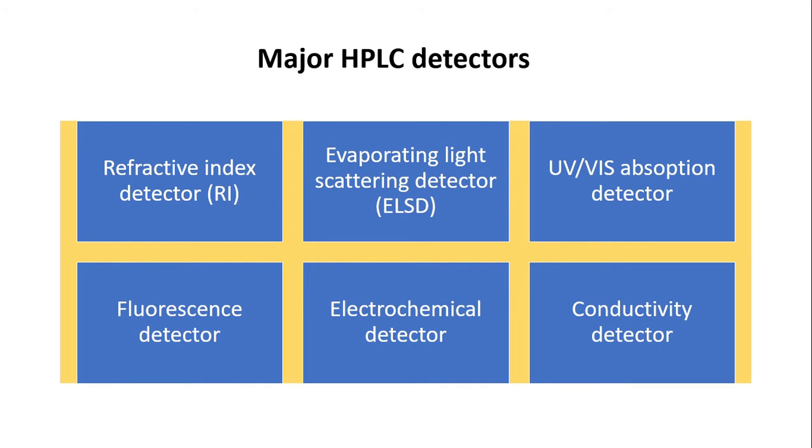We have 6 major HPLC detectors: the refractive index detector, which I will discuss, the evaporative light scattering detector, the UV-VIS absorption detector, the fluorescence detector, the electrochemical detector, and finally the conductivity detector.